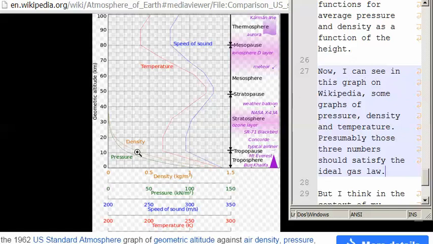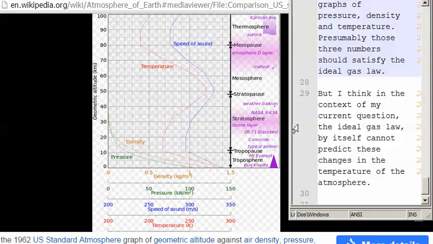Now, I can see on this graph in Wikipedia of atmosphere of Earth, the pressure, the density, and the temperature at any given height. And I think in principle, plugging those numbers into the equation should satisfy the ideal gas law.